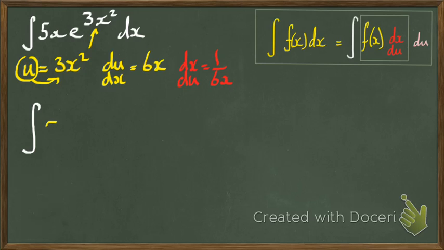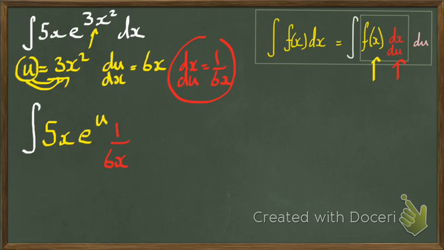But I have 5x e to the u, because remember u is 3x squared, and then that's that bit put in. Now all I need to do is put in 1 over 6x, and because I've done all of those things, that therefore becomes du.